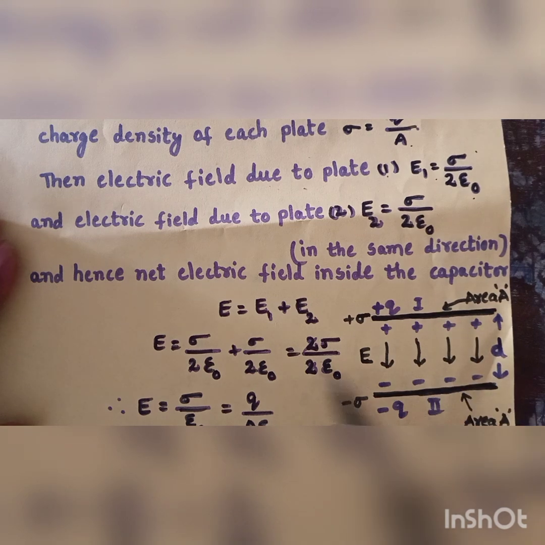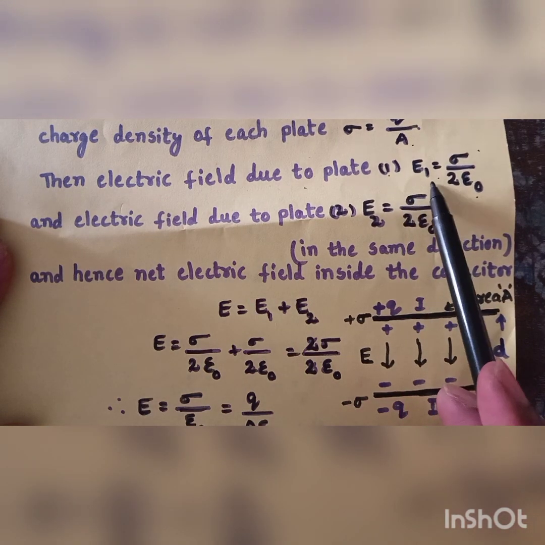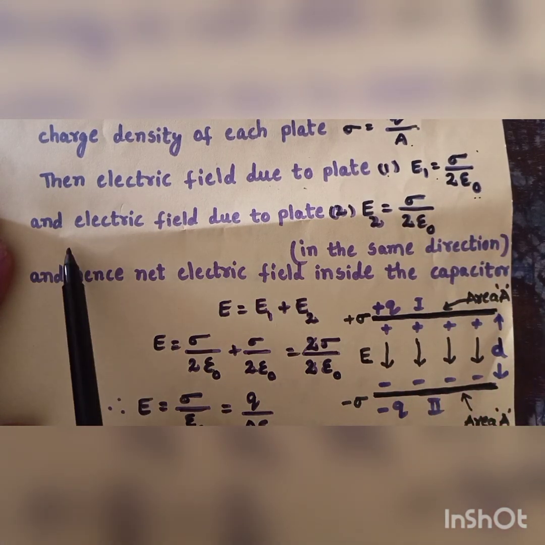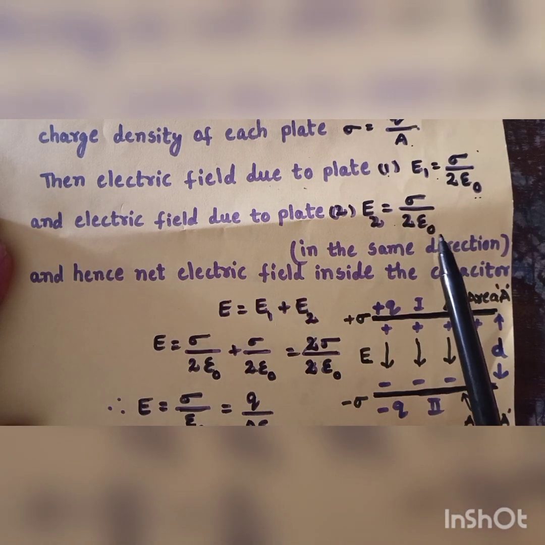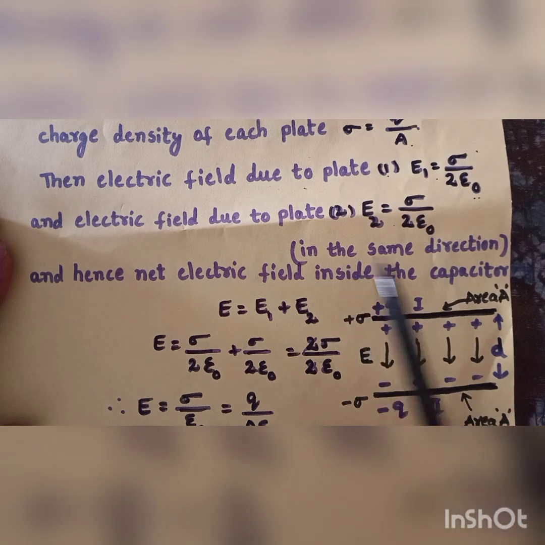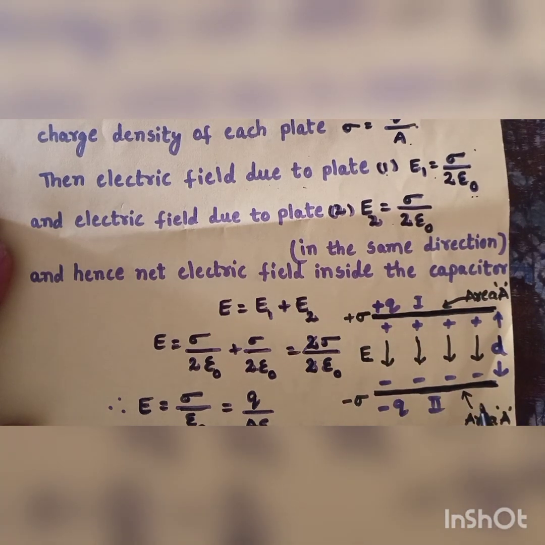The electric field due to plate 1, E1, is equal to sigma by 2 epsilon naught, and the electric field due to plate 2, E2, is equal to sigma by 2 epsilon naught. Both are acting in the same direction.